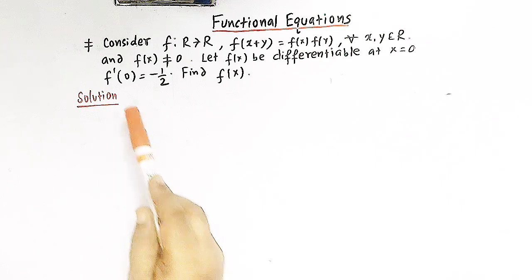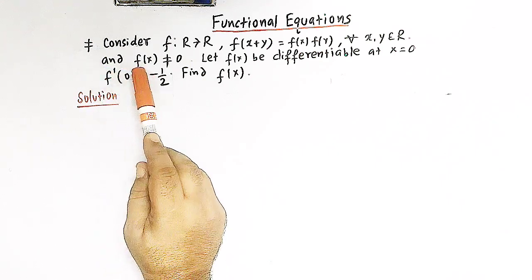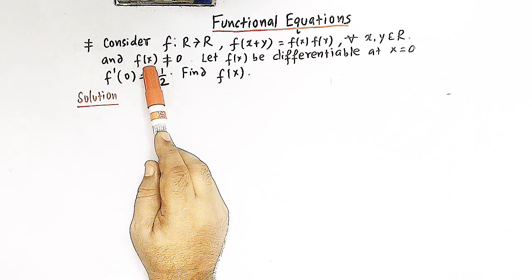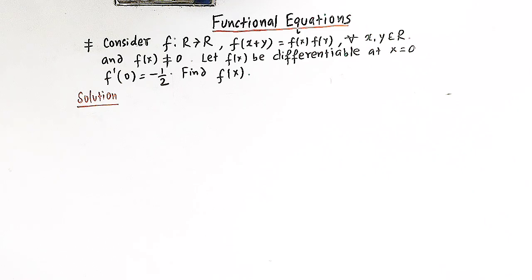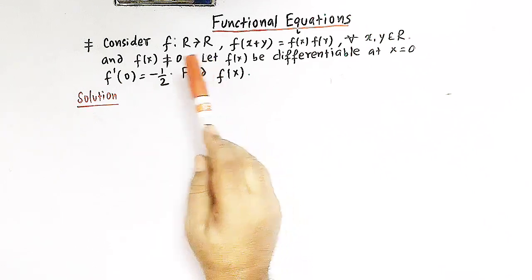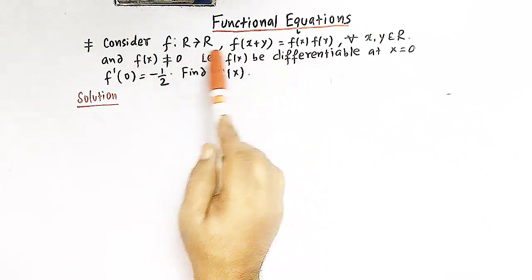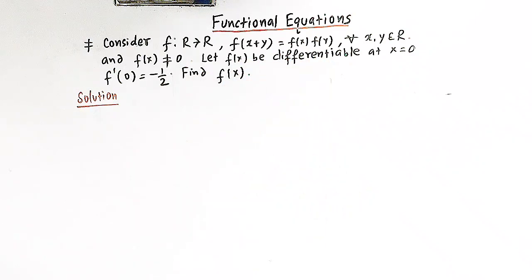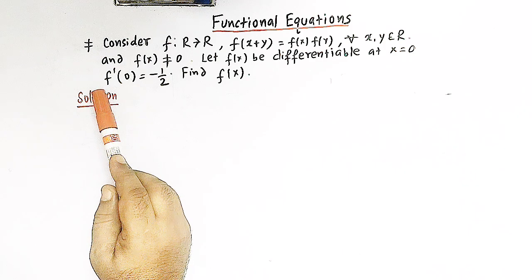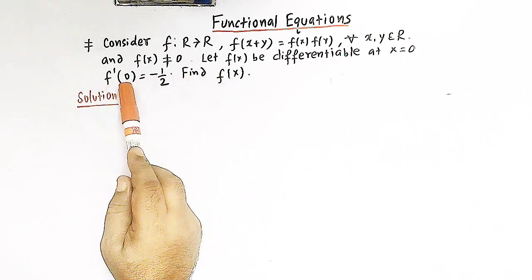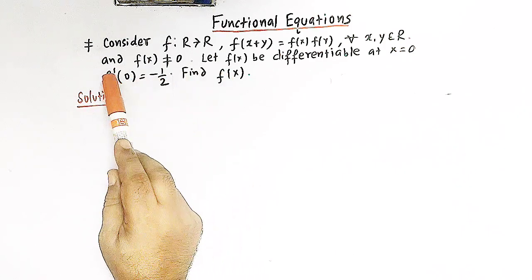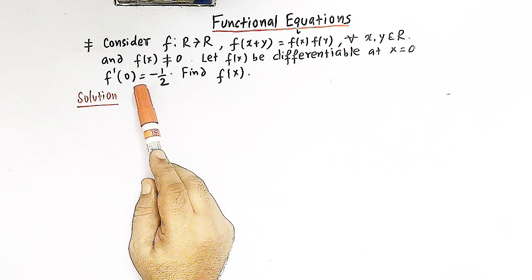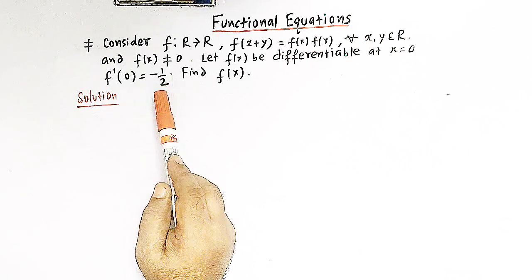Moreover, we are given that f(x) is not equal to 0. We are also given that the function f(x) is differentiable at x = 0, and the value of the derivative at x = 0, that is f'(0), is given as minus half.